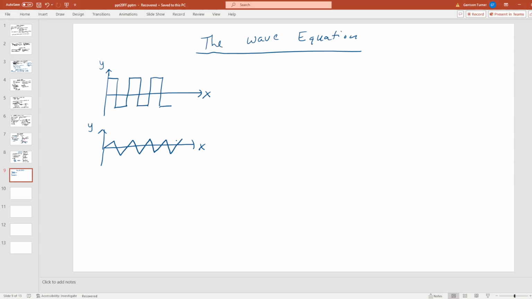Okay, but you can get various types of waveforms by the combination of adding multiple sine waves. Okay, now we're not going to go through all of that theory, but the whole point here is that there are multiple functions that you can have that satisfy the equation we're going to write down, this so-called wave equation.